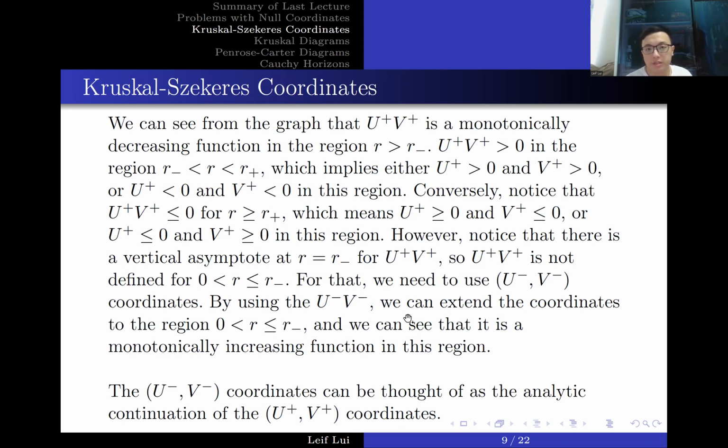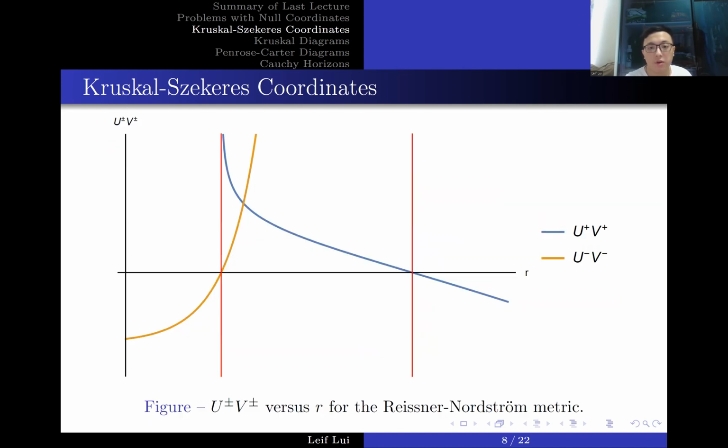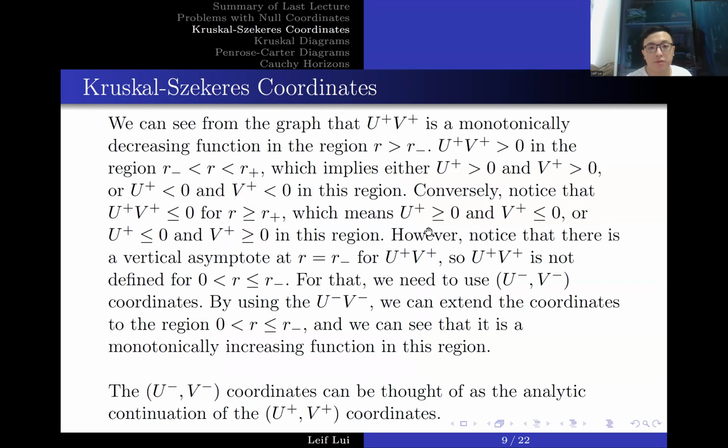And we can see here, going back to the graph, in the region between r minus and r plus, the product u plus and v plus is greater than 0. Which means that either u plus and v plus are simultaneously positive, or u plus and v plus are simultaneously negative to yield this solution.